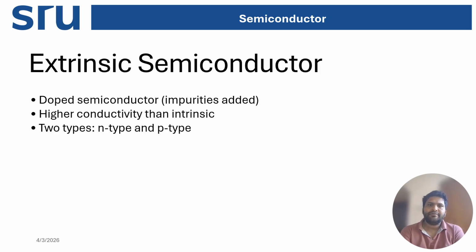Semiconductors. As we know, semiconductors are materials whose conductivity lies between the conductor and insulator. Pure semiconductors like silicon, germanium are called intrinsic semiconductors, but in their pure form, their conductivity is quite low.